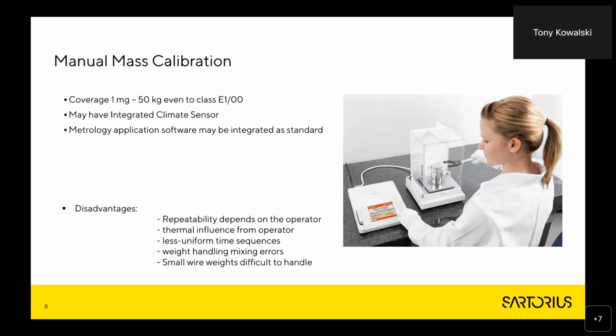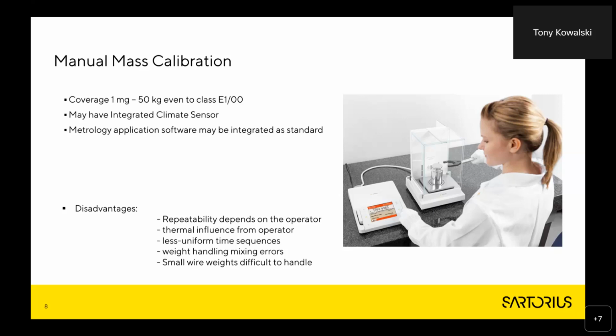The skill that you build up is helping you to reduce the errors. The way that you load the weight, the amount of time that you keep your hand within the chamber can affect it. Here you see the lady, she has a special fork to load the weight, which keeps her hand outside. Being able to load the weight in one go, because the last thing you should be doing is to load the weight slightly out of position, and you should never try to pull the weight back, as this can shift the 0 point.